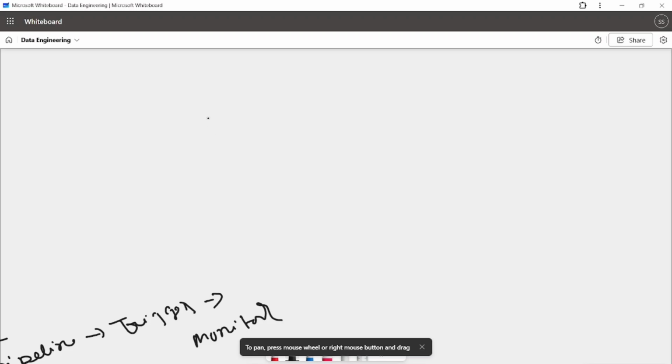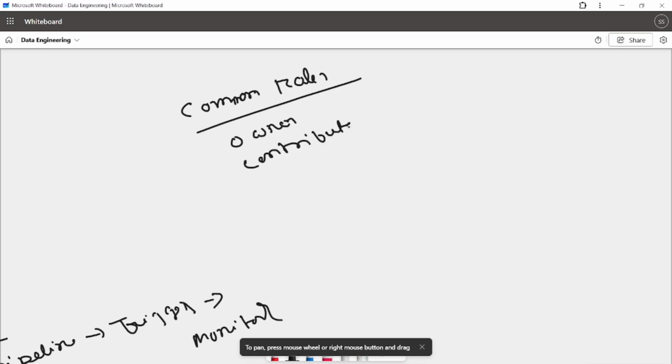Common roles include generally owner access, contributor access, and reader.